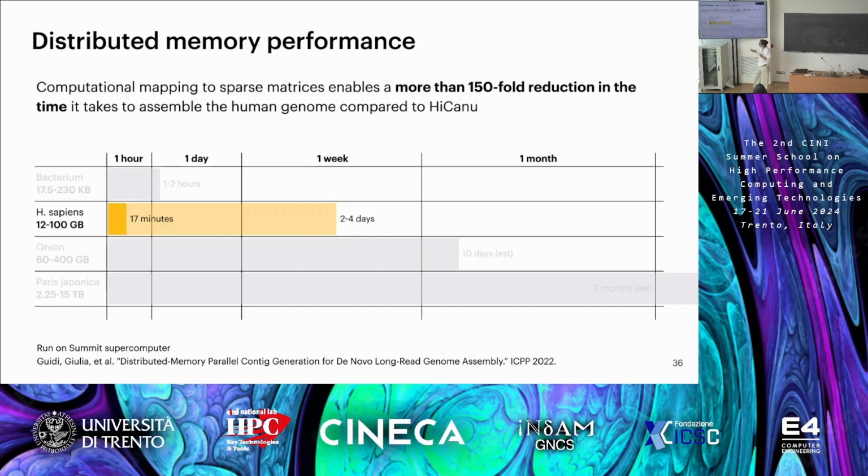I think this was run on 200-something nodes, and I need to double check that. But we can reduce the runtime significantly by using a lot of parallelism, and this represents more than 150x speedup compared to the original Canu, and between 9 and 51x faster than the fastest tool that we tested.